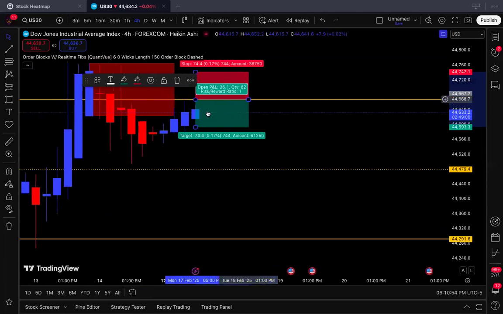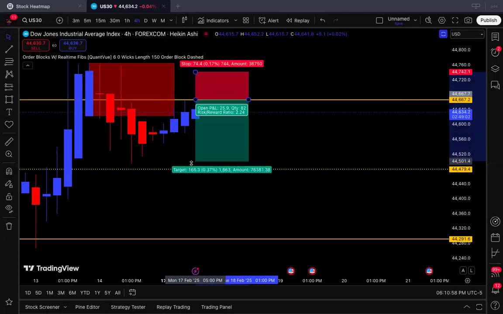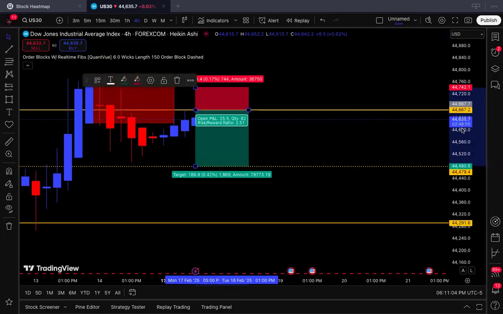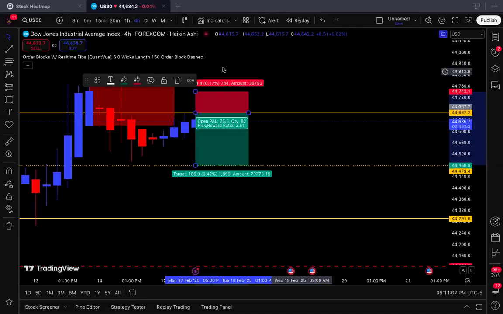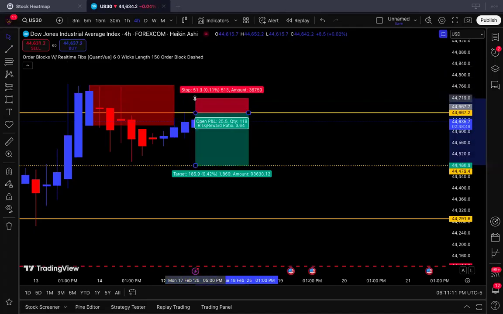We got it rejecting the weekly high. I'll be looking for the sell to happen like that. Not this wide. Don't need that wide of a stop.